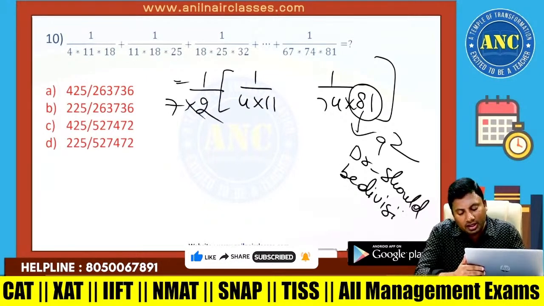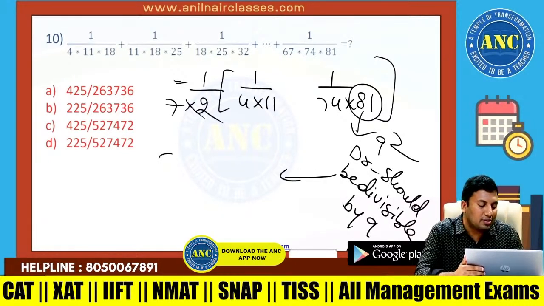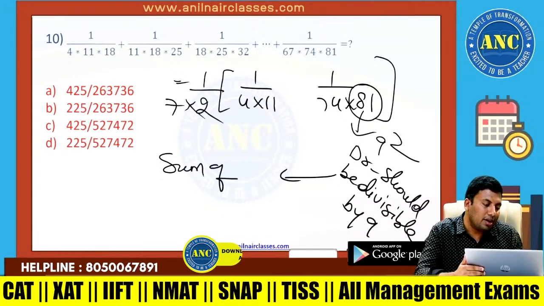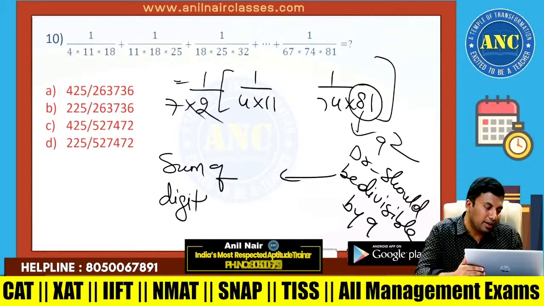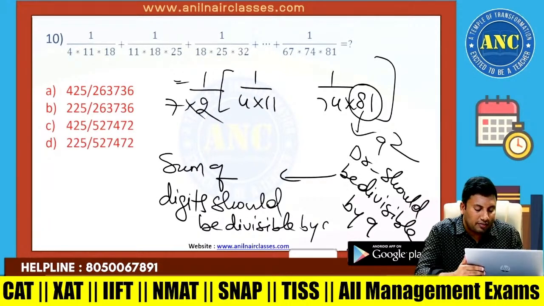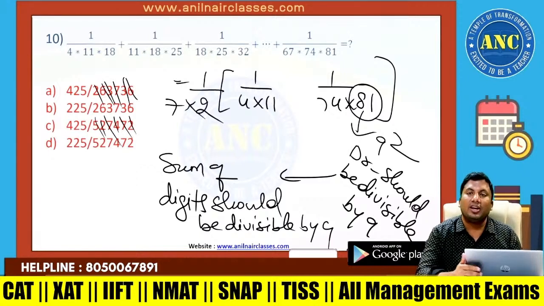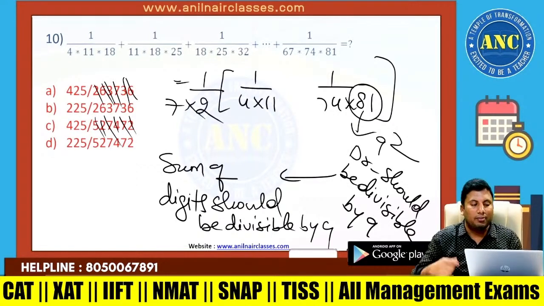Denominator should be divisible by 9 means the sum of the digits should be divisible by 9. If it does not work, I will go to 6 plus 3, 9, 7 plus 2, 9, 6 plus 3, 9, 7 plus 2, 9, 5 plus 4, 9, 2 plus 7, 9. All the denominators are divisible by 9.